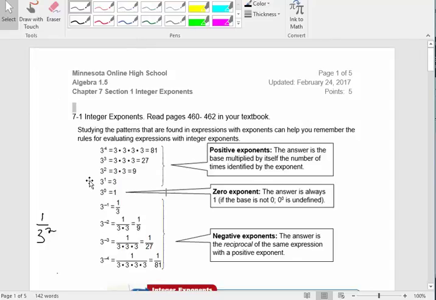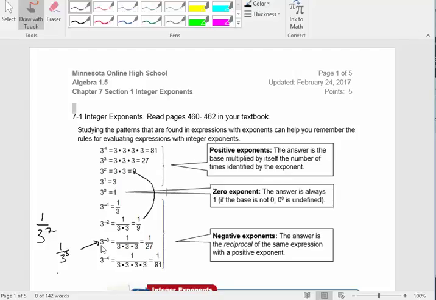And 3 to the negative 3rd power would be 1 over 3 cubed, which is 1 over 3 times 3 times 3, because that's what 3 cubed means, which is equal to 1 over 27. So you can see the pattern.